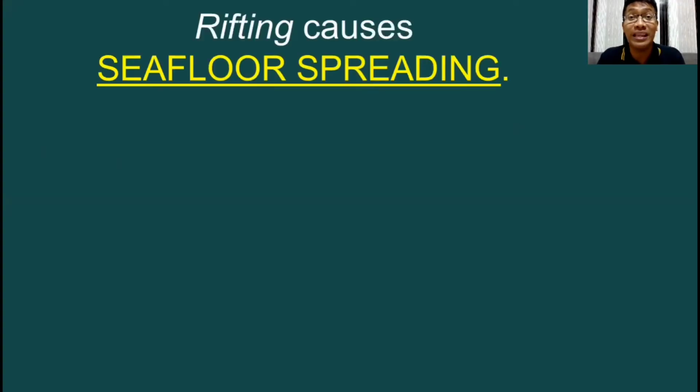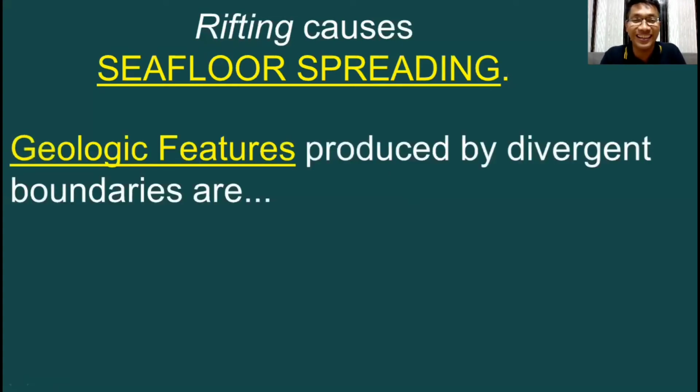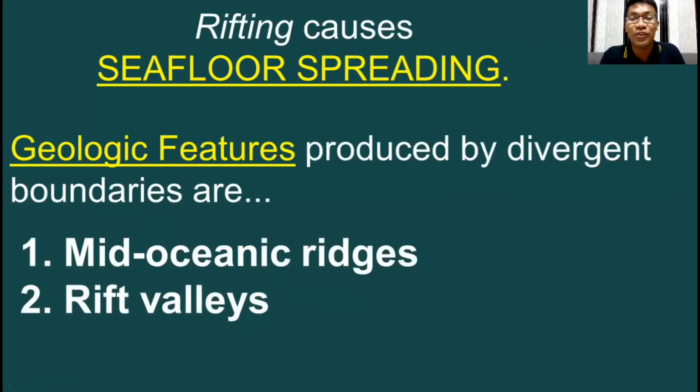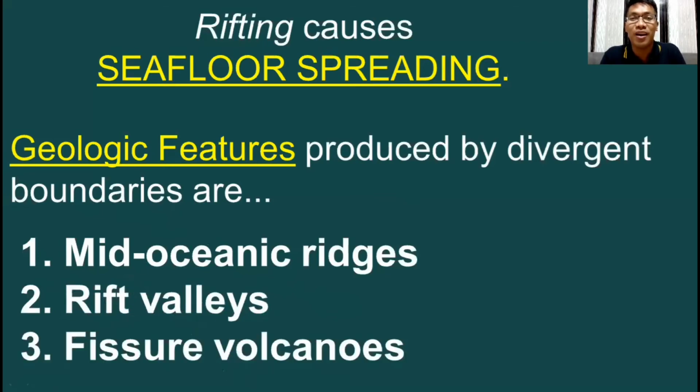Rifting, which is happening in divergent boundary, causes seafloor spreading. Dahil dito, nagkakaroon tayo ng mga geologic features tulad ng mid-oceanic ridges, reef valleys, and fissure volcanoes.